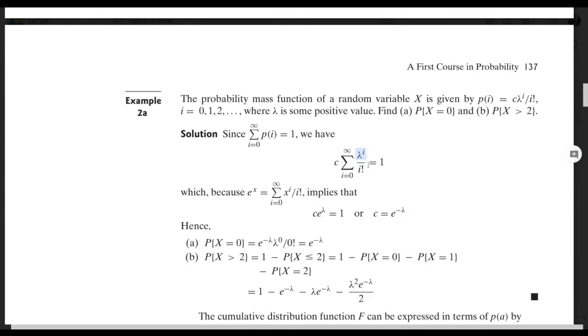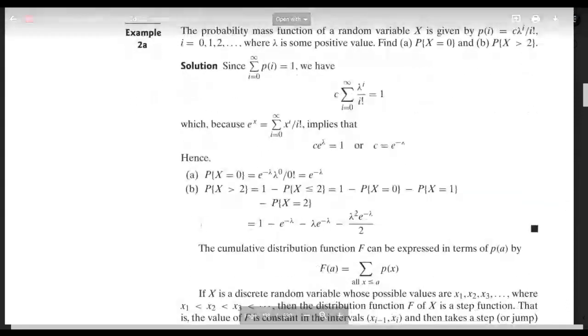Lambda raised to i divided by i factorial, i goes from 0 to infinity, is the infinite series that equals e to the x. So we have e to the lambda. That's why this can be written as c times e raised to lambda equals 1, which means c equals 1 over e to the lambda.